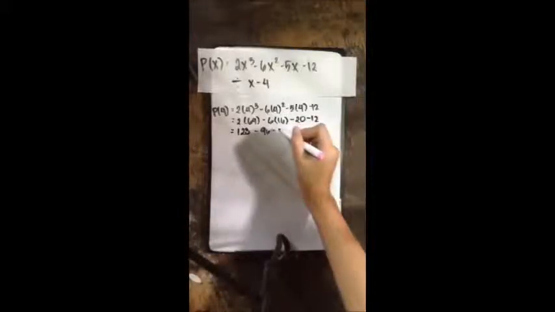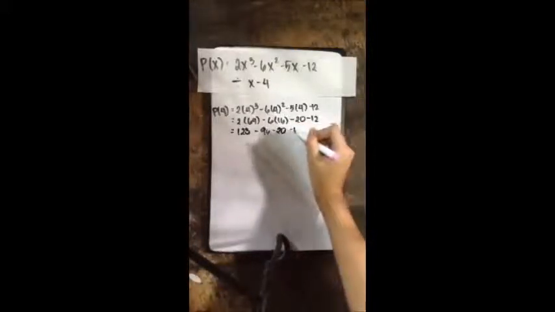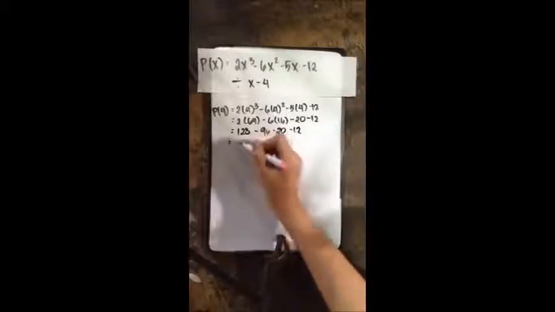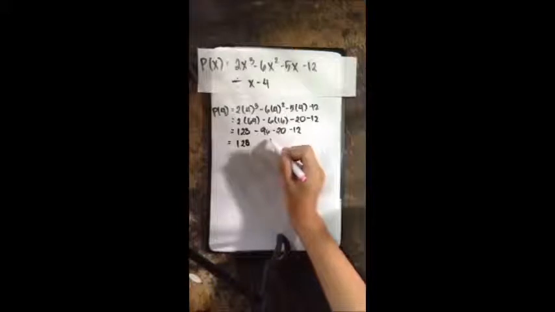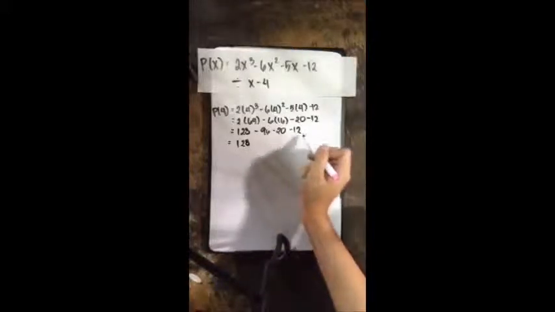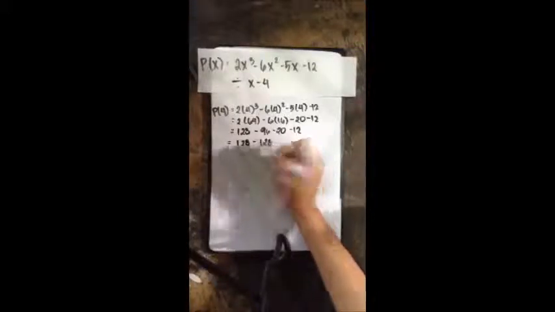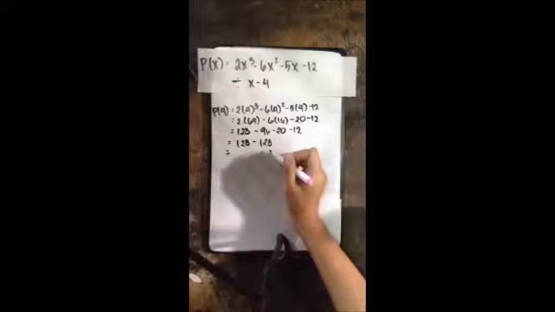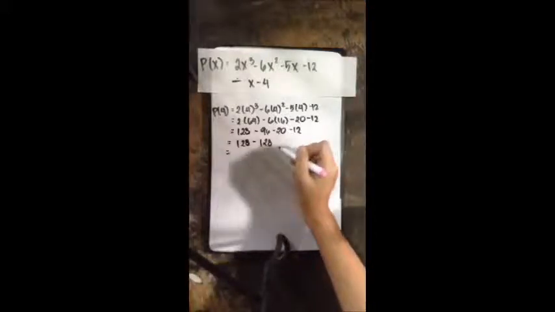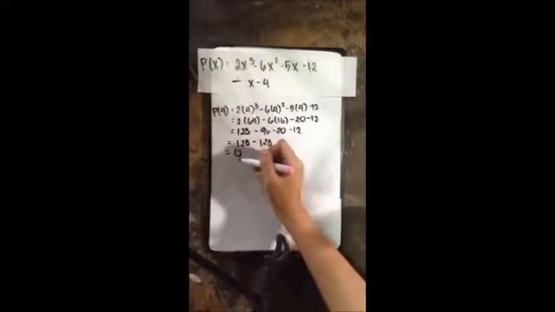Bring down minus 20 and minus 12. Bring down 128 and negative 96 minus 20 minus 12 is equal to negative 128. So 128 minus 128 is equal to 0.